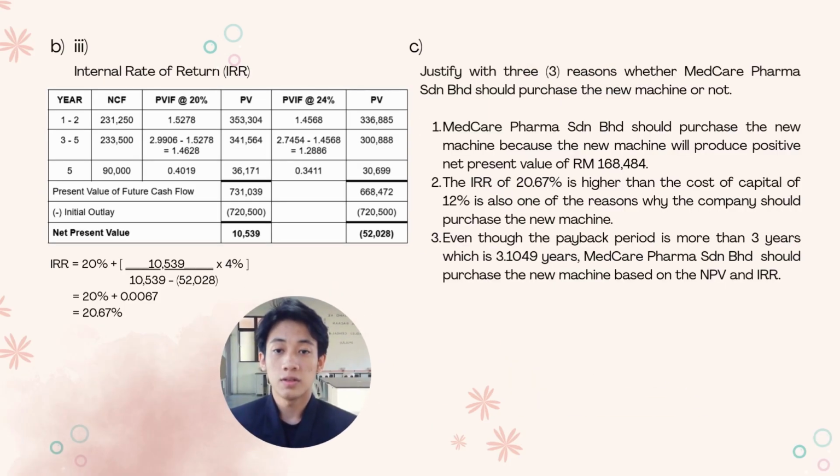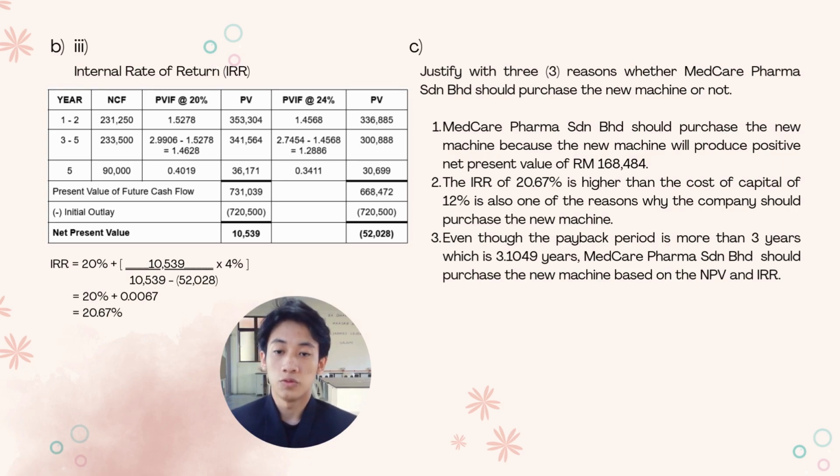On question B, internal rate of return is finding the discount rate until the NPV equals zero or a negative value. In our answer, we got the negative value at 24%, and the amount is 52,028, and the closest positive value is at 20%, and the amount is 10,539.